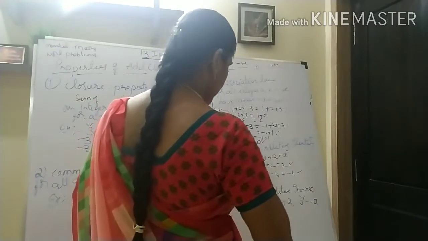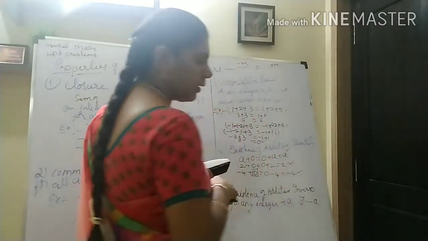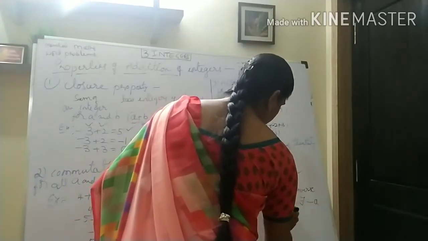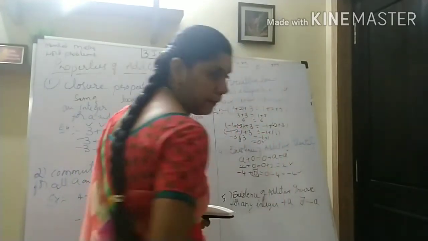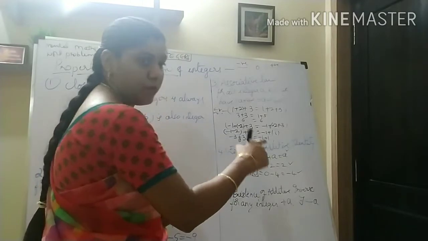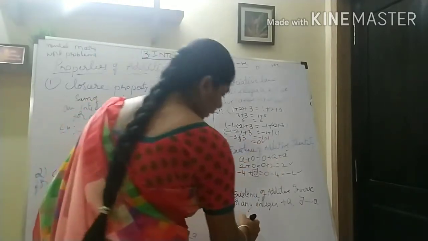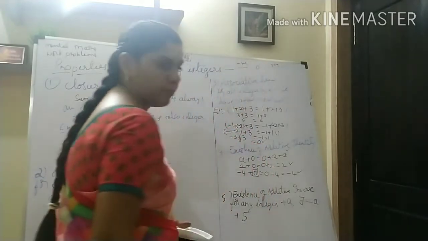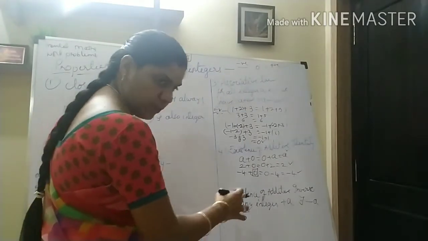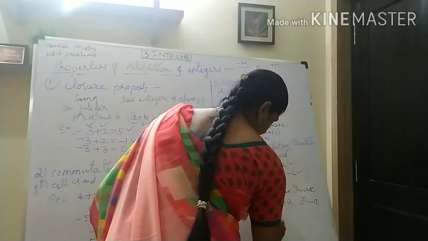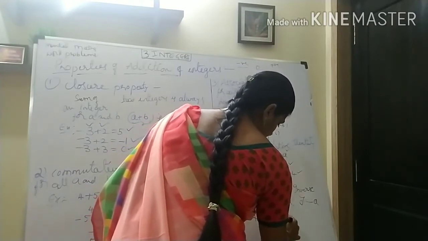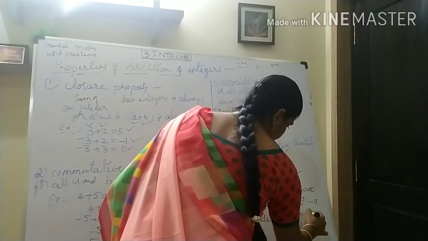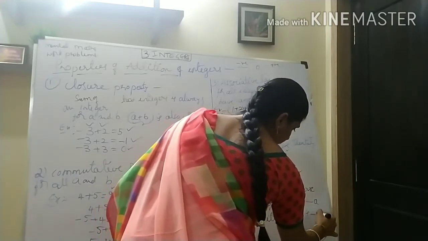Both will be each other's. For this minus a, the additive inverse will be plus a. For this plus a, the additive inverse will become minus a. See, if we take plus 5, the additive inverse for this one is minus 5.